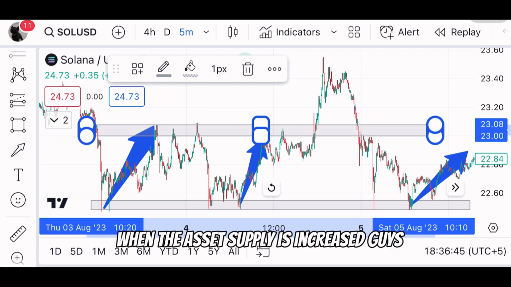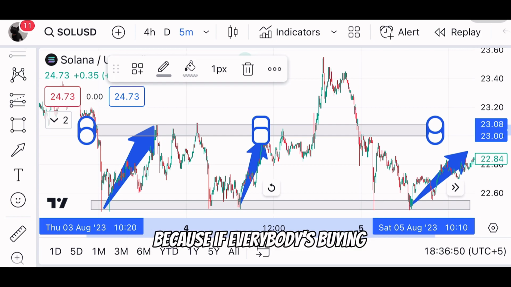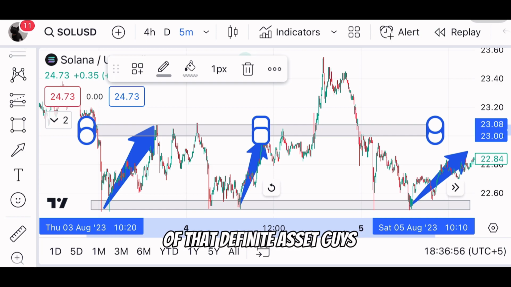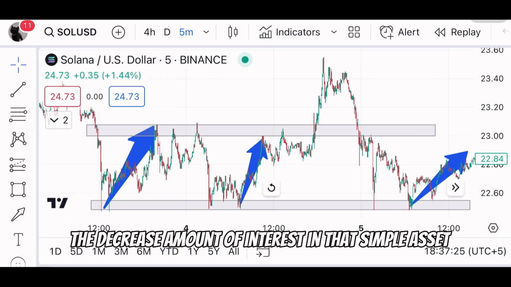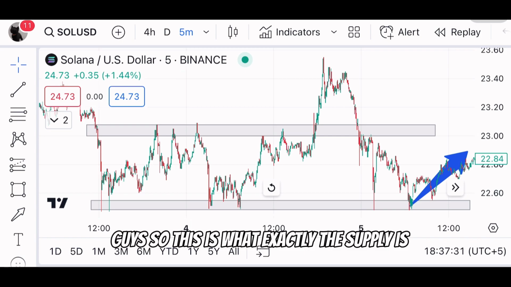When the asset supply is increased, it means nobody is interested, because if everybody is buying, then who's selling it? There is a large amount of supply of that asset. The more of the asset, the less interest in it. So this is exactly what supply is.